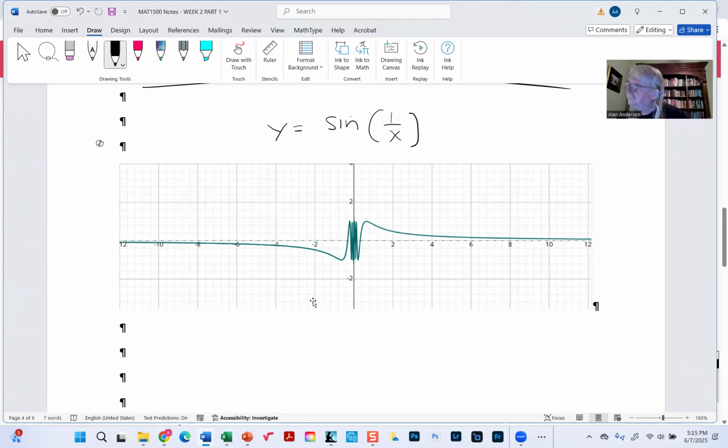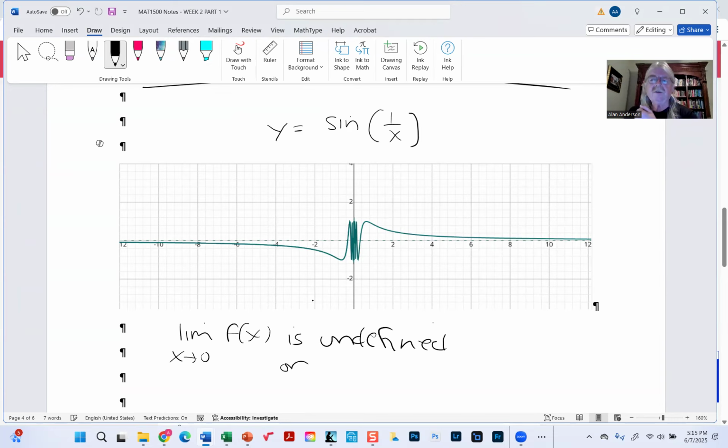So here, you can say either it's undefined or it does not exist. Actually, I think when you're doing the MyMathLab, it likes you to say does not exist, but they'll tell you what they want you to do. But for any other case, the limit exists.